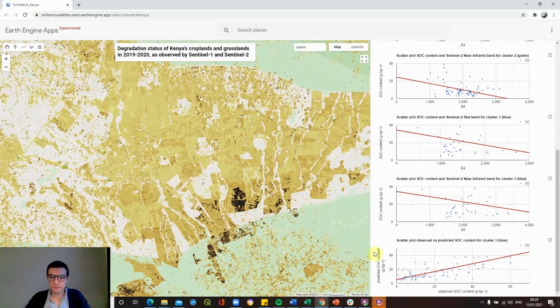And we can actually see, if we look at the bottom plot here, we plot the correlation between observed soil organic carbon content, so the actual measurements from those soil sample databases, and the predicted soil organic content, which is what the algorithm, the regression, has produced.